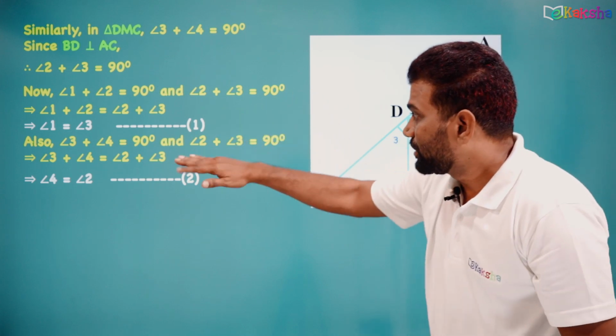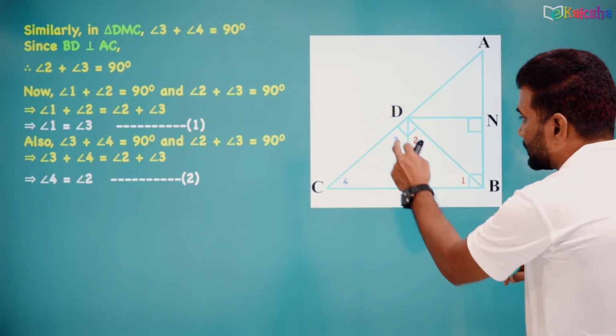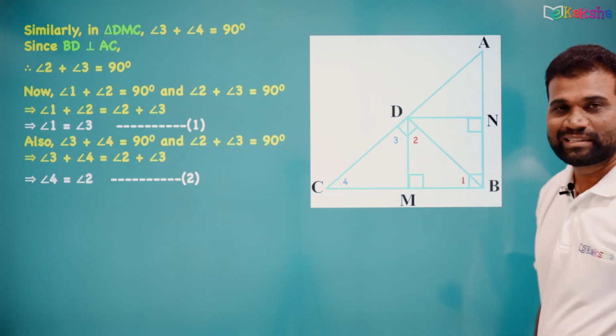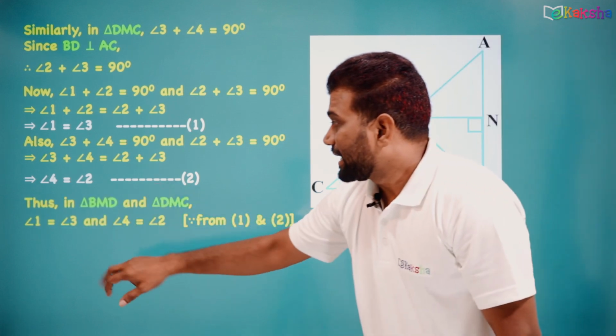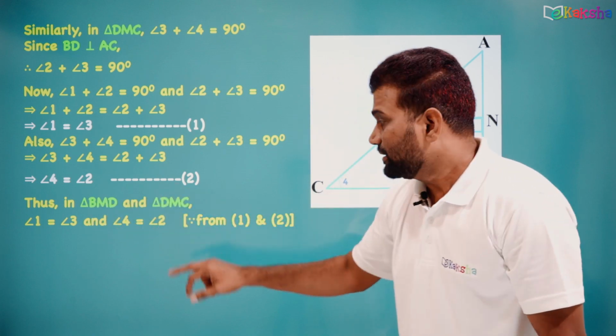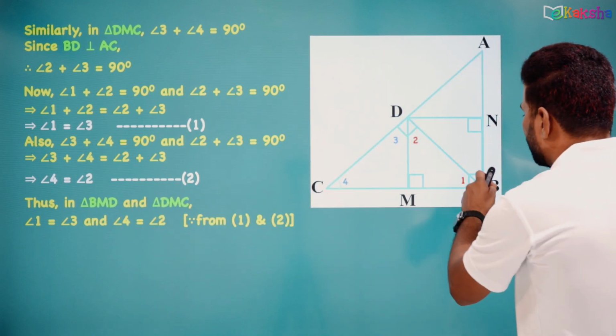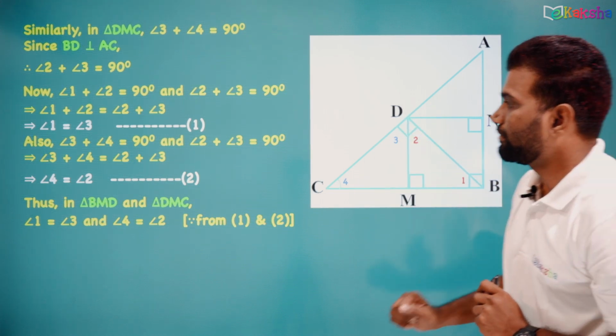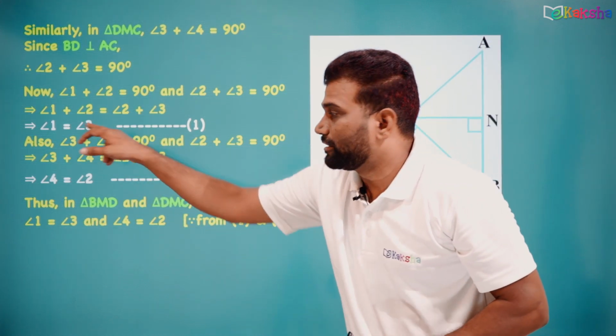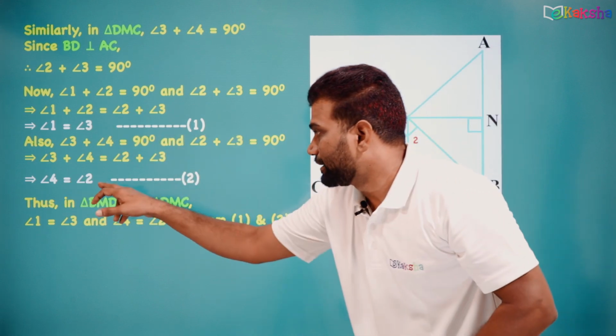So from equation 1 and 2 we have got this angle equal to this angle and this angle equal to this angle, right? Now in triangle BMD and DMC, these two triangles, we have got from equation 1 and 2 angle 1 equal to angle 3 and angle 4 equal to angle 2.